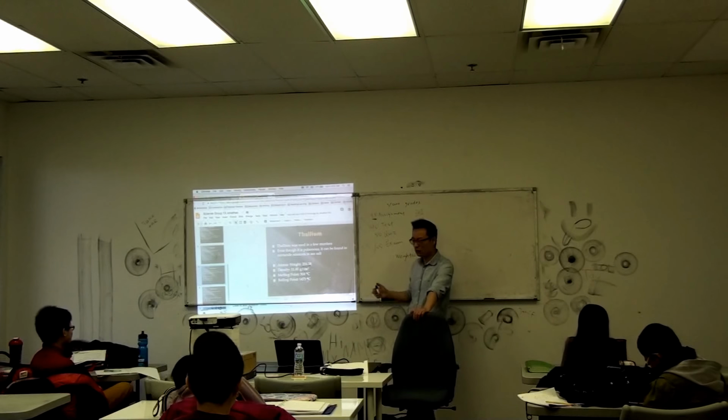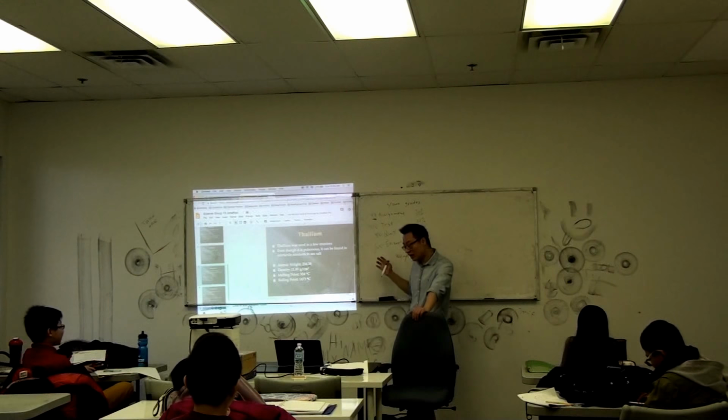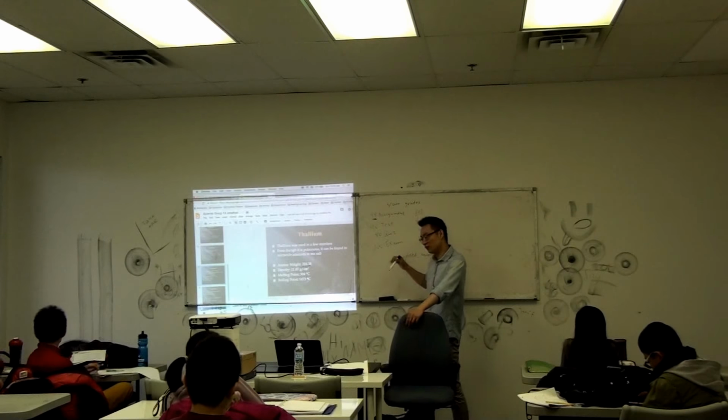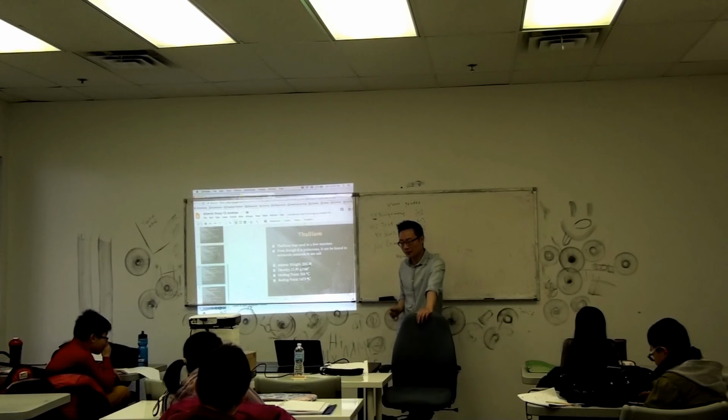So what would you do? You find the average. Not just the average. If you said the average, how would you do it? You add it all together and divide by the amount.